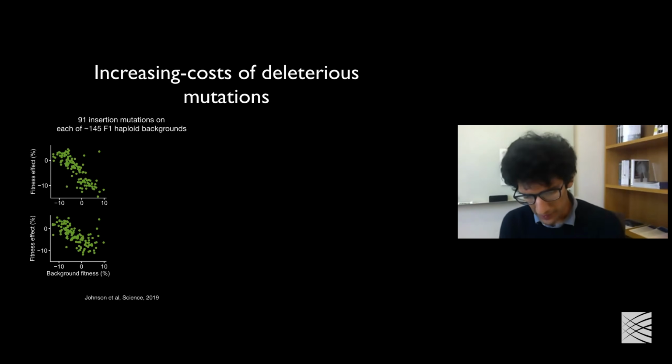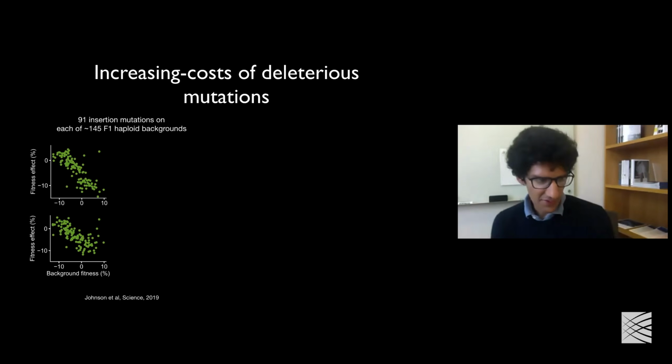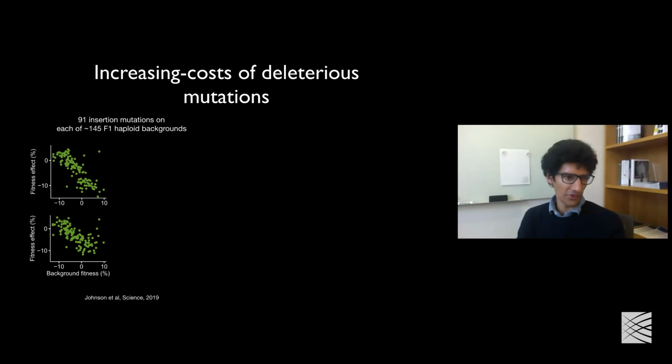Now, what Milo did was to apply 91 different insertion mutations on each of these backgrounds. So essentially, he constructed 91 times 150 different variants, right? Now you can measure the fitness effect of each of these 91 mutations on different backgrounds.